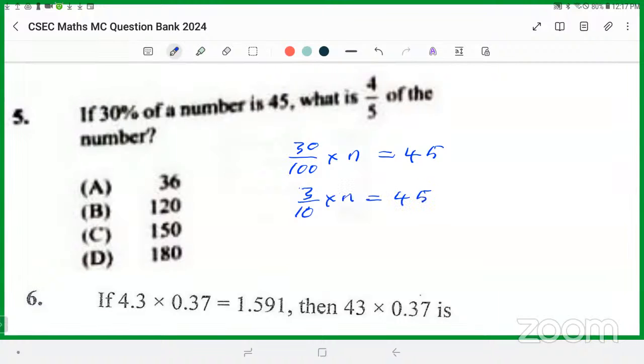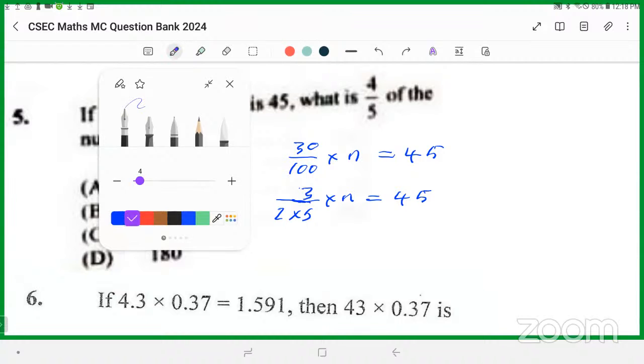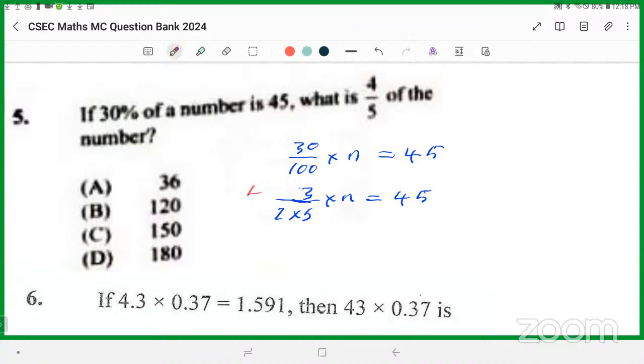So I can work on the number and then the 4/5. But I can break this 10 into 2 times 5, right? And I want to leave the 5 here. So I want to get rid of this 3 and get rid of that 2. And I want a 4 there now. So I'm going to multiply by a 4, and I want to leave these.